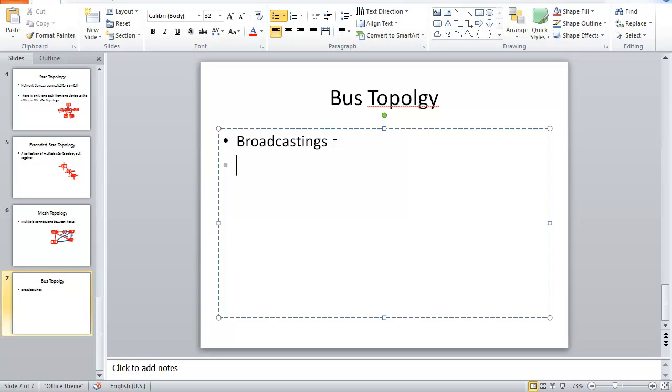And this sounds kind of familiar to you because this is what happens in wireless networks, either wireless LAN or WAN. That's when this topology is used.